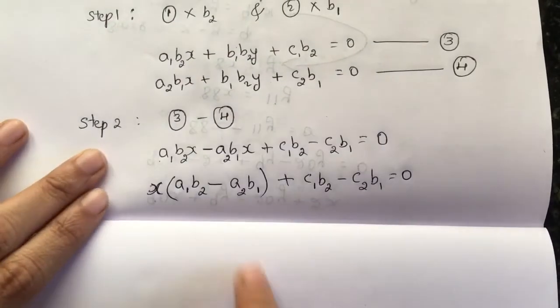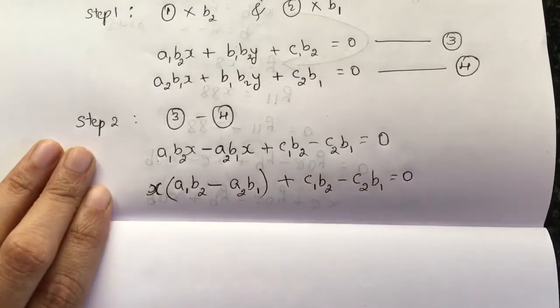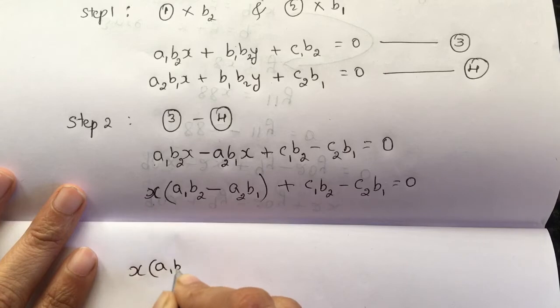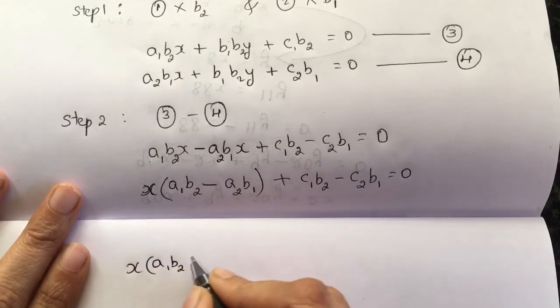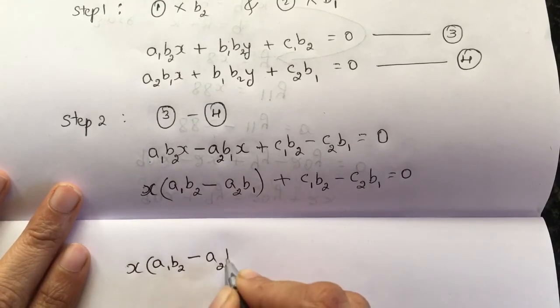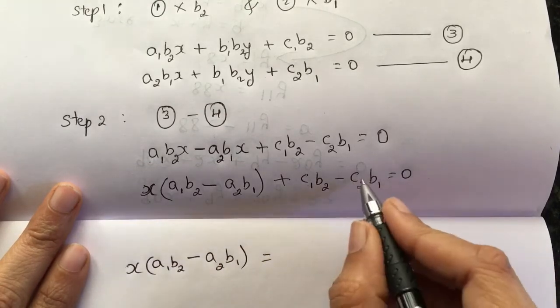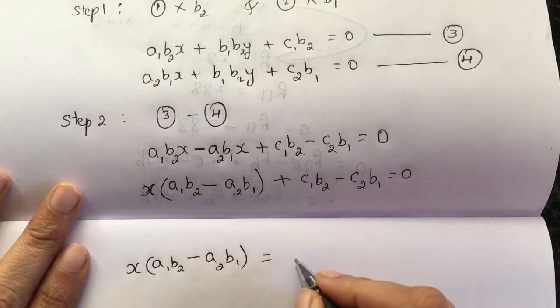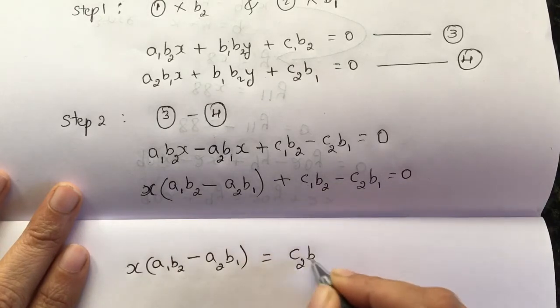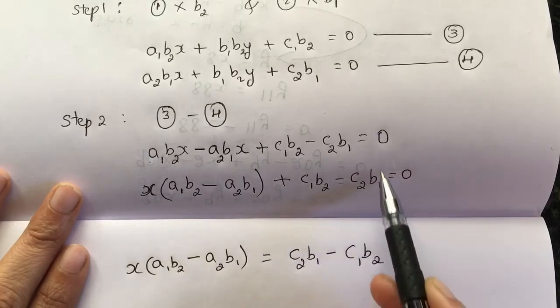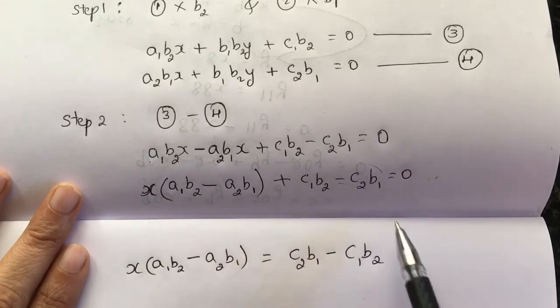I'll take this part to the right hand side, x into a1 b2 minus a2 b1 equal to c2 b1 minus c1 b2. Got the point? This is negative. When it goes to the right hand side, it will become positive and this becomes negative.